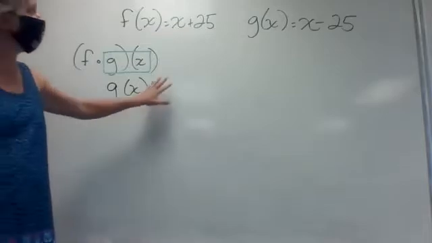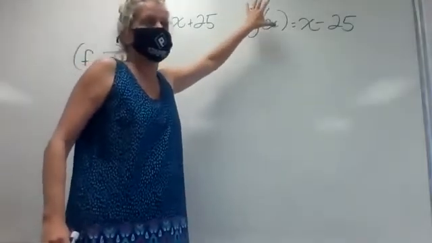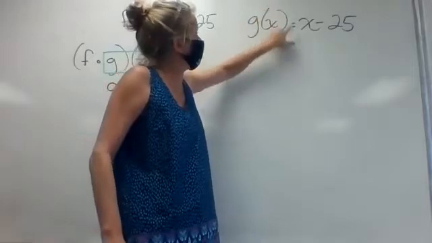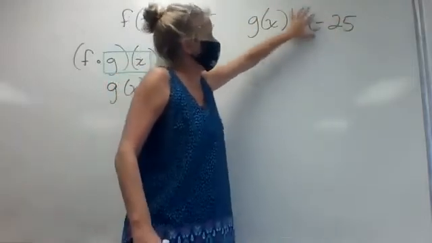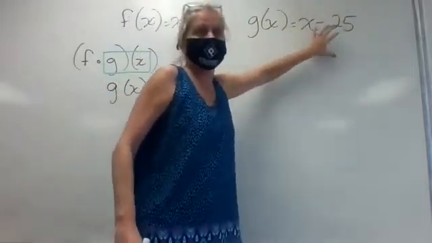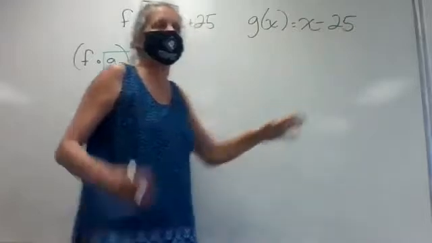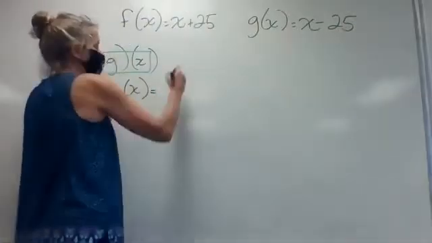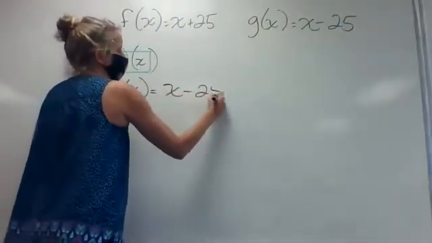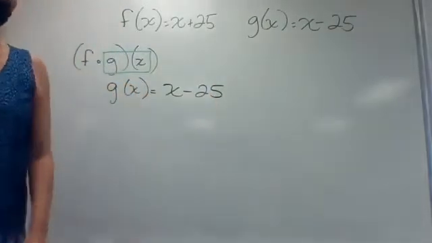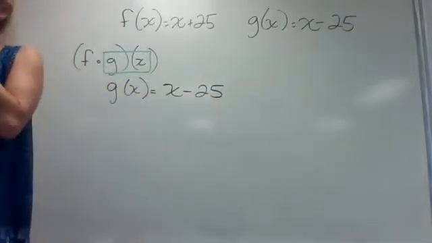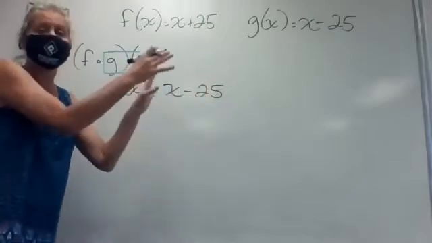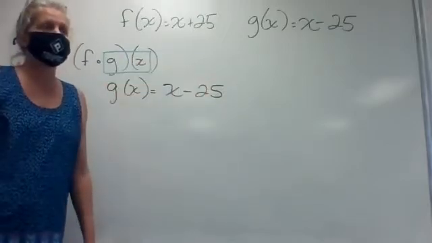When I come up here, it tells me exactly what g of x is, doesn't it? That's what that equal sign means. So this is the g of x function, right? I'm not even replacing anything, or I guess I'm replacing the x with an x. So it's just x minus 25. And I can't simplify that any, right? I can't put those together. So I'm just done with that first part.